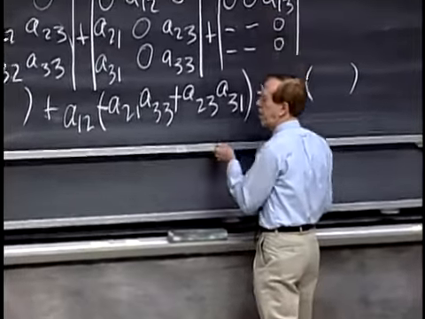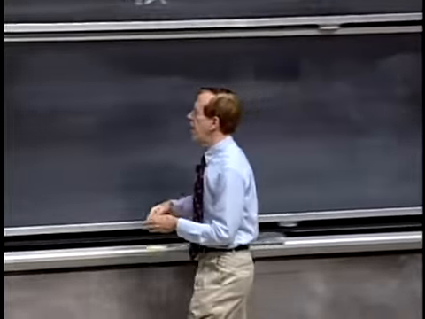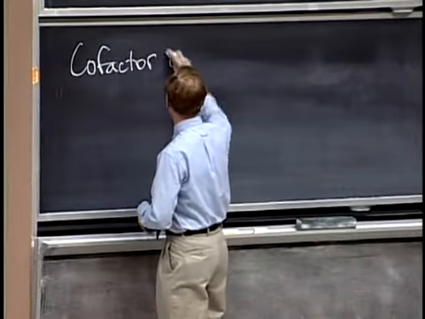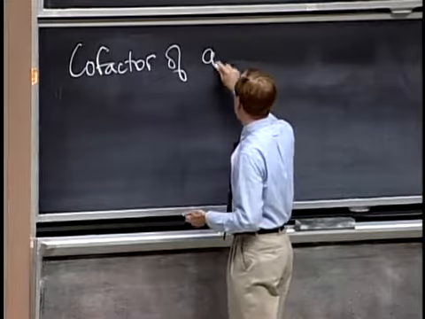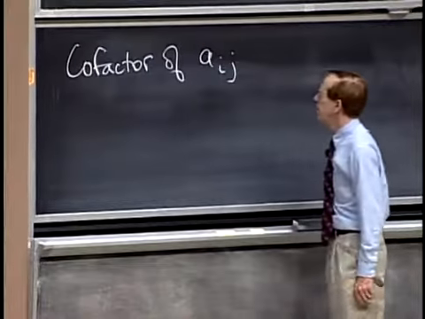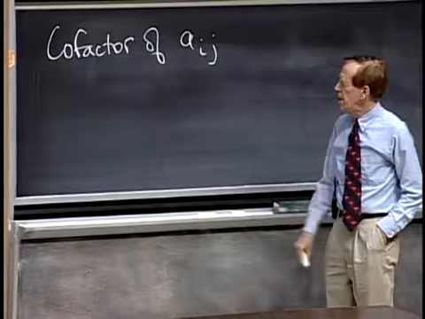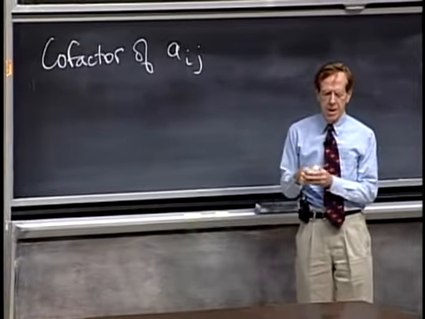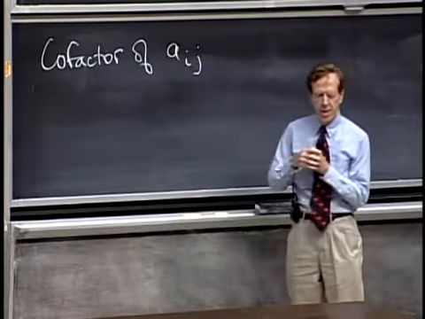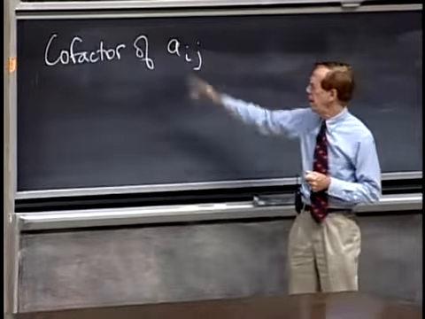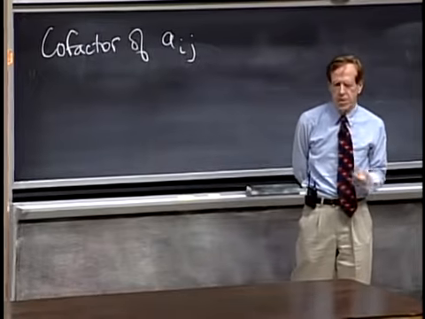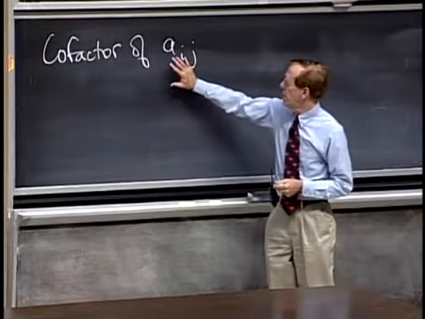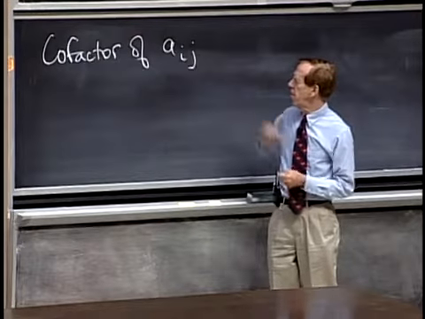What are cofactors? The cofactor of any number Aij, let's say. This is all the terms in the big formula that involve Aij. We're especially interested in A1j, the first row. That's what I've been talking about. But any row would be all right. So what terms involve Aij?